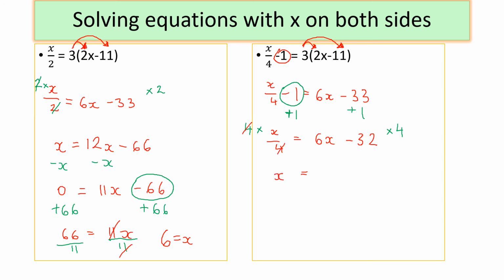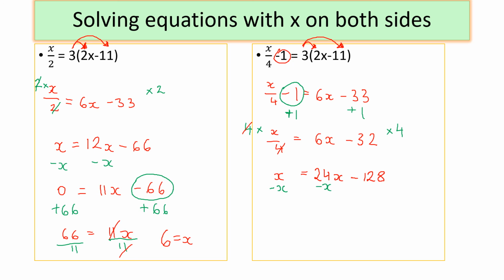And then on the right hand side, you need to remember to times every term by 4. Now 6x times 4 is 24x, and then negative 32 times 4 is negative 128. Now because 24x is bigger than just x, I want to keep x's on the right side, so I'm going to take away x from both sides.